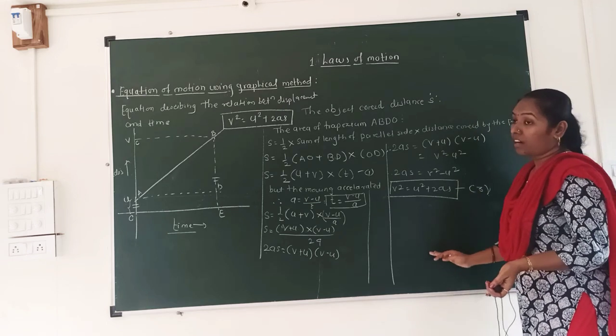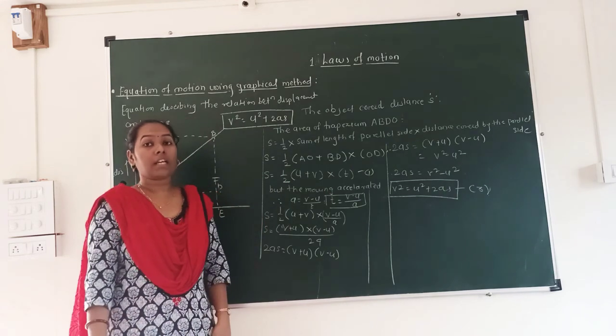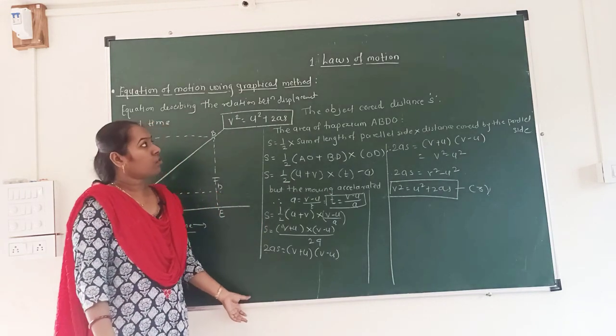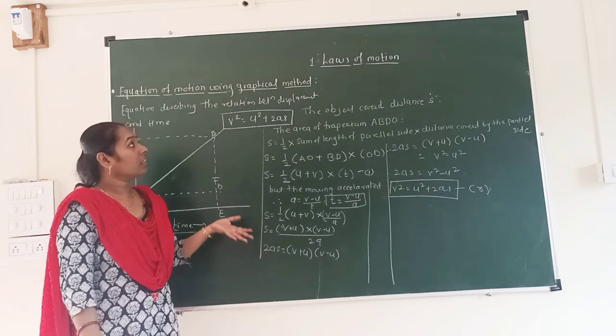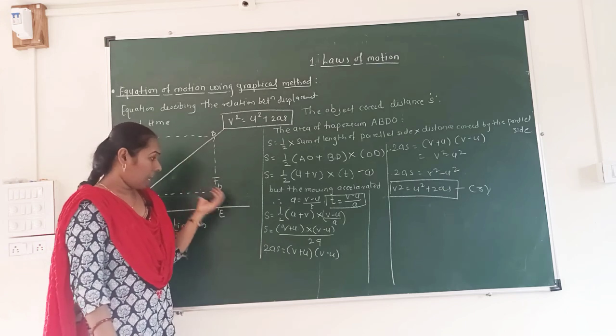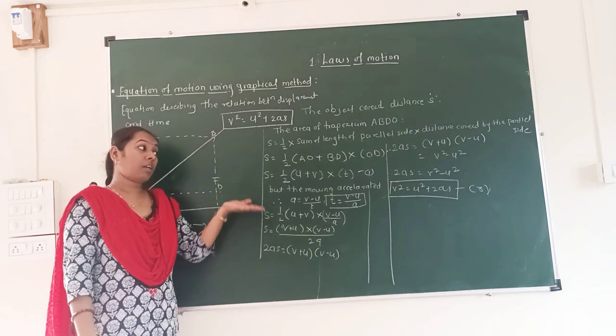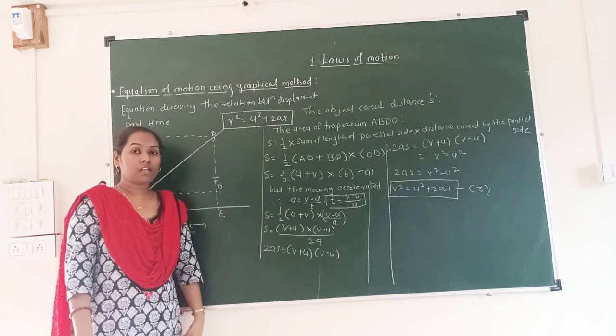Like this, we have seen equation number 3, the equation of motion by the graphical method, which describes the relation between displacement and time, how they are related to each other. We will stop here.